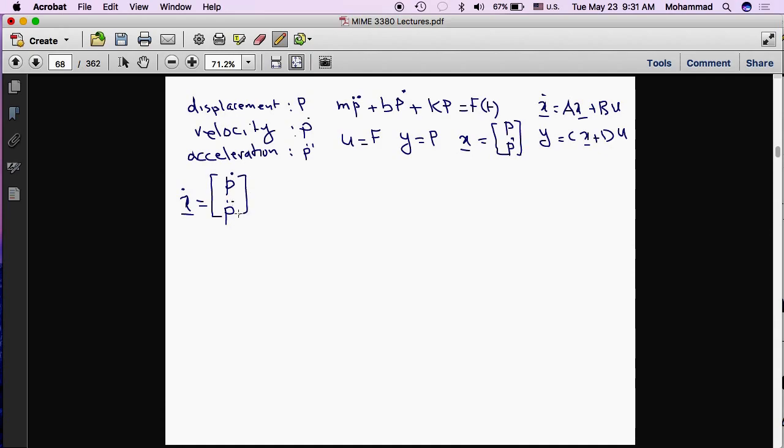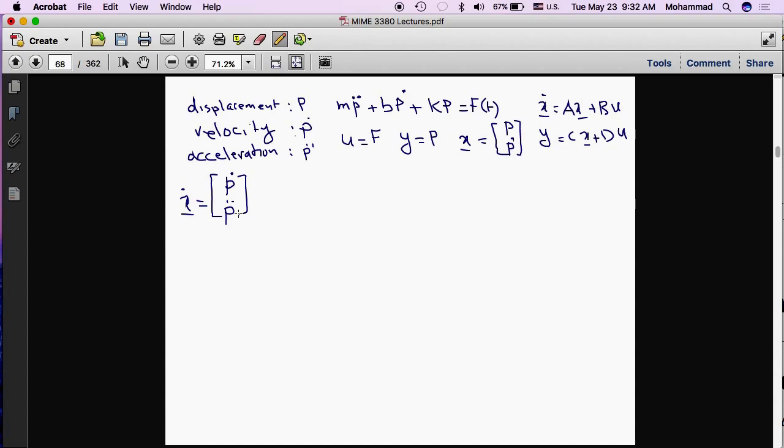So that's the meaning of x dot for this problem. Do you agree that this is x dot? Now what I need to do is to relate x dot to x and u. How is x dot a function of x and u?